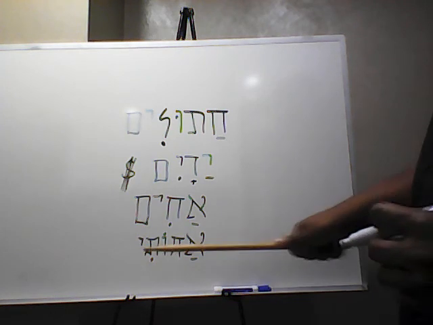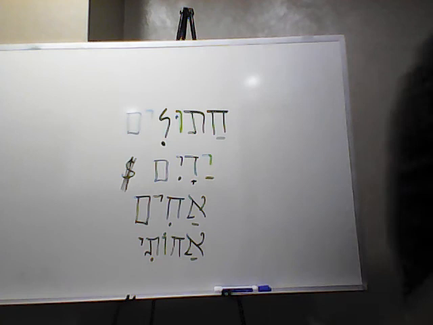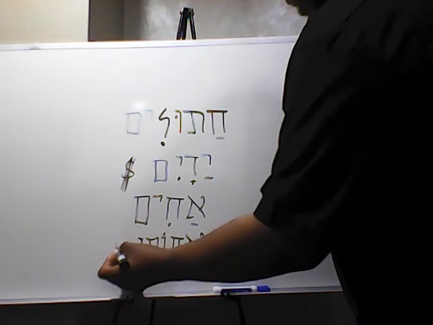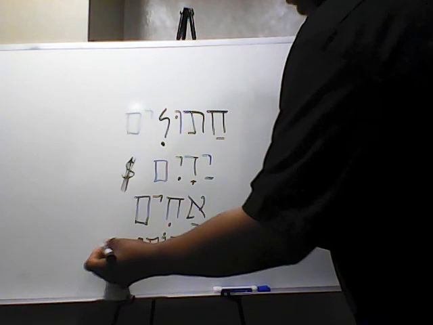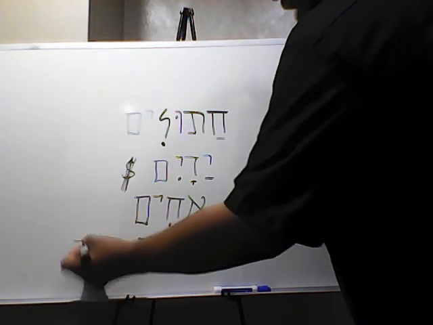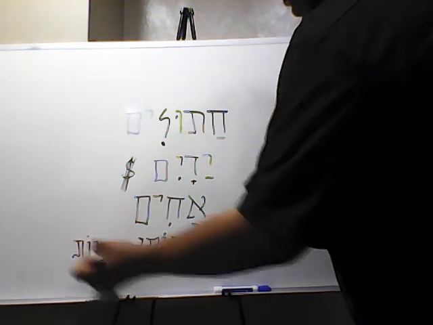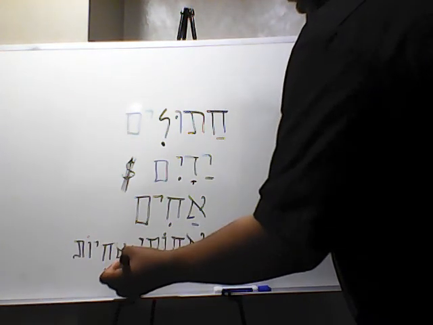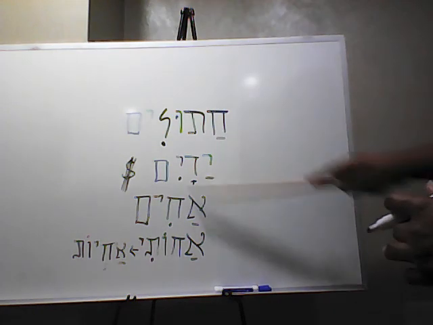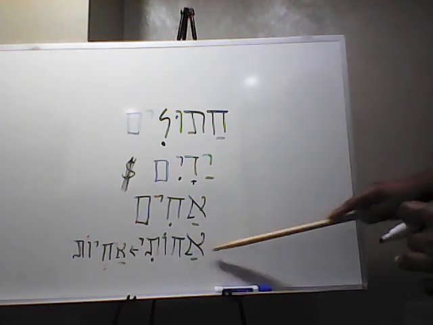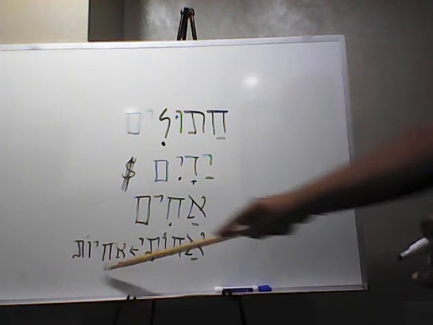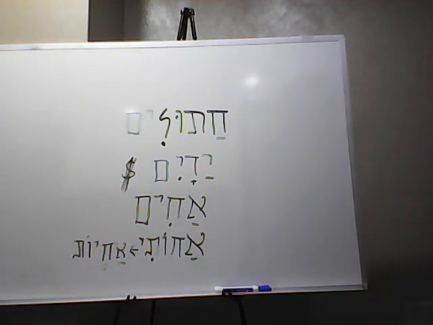Achoti, my sister. Now, sisters, plural, is the word, and we want to go over this and close out, achyot. So you have ach is brother, achim brothers, achot sister, achoti my sister, achyot sisters.